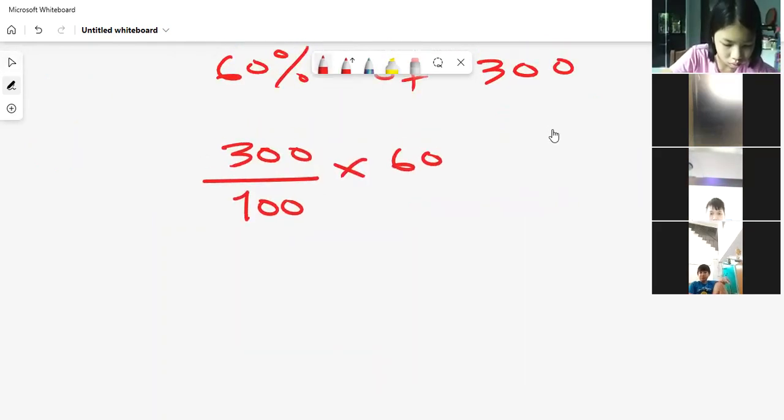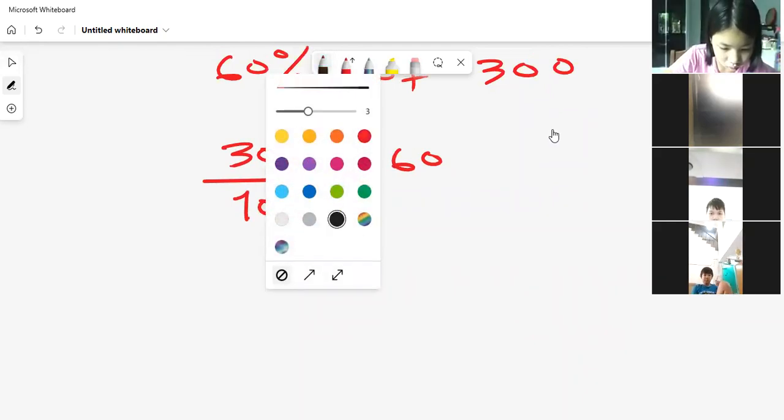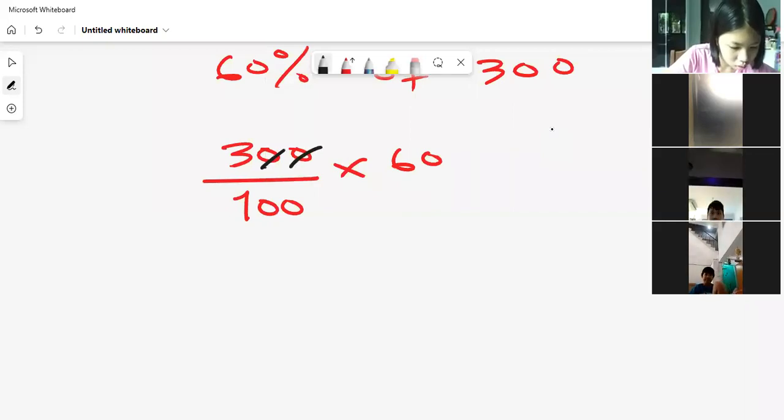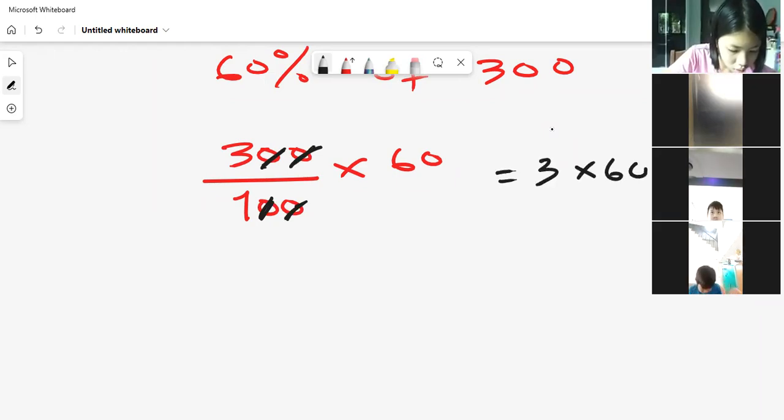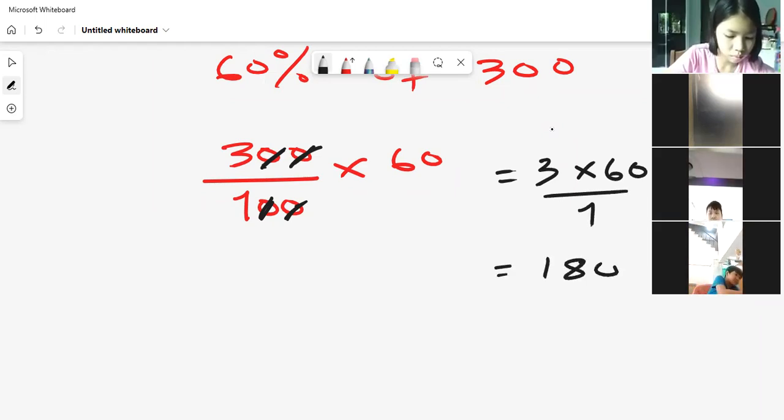Then remove the zeros. Can we remove the zeros? Of course we can. You count: we have 2 zeros here. It means it will become 3 times 60 over 1, equal to 180.